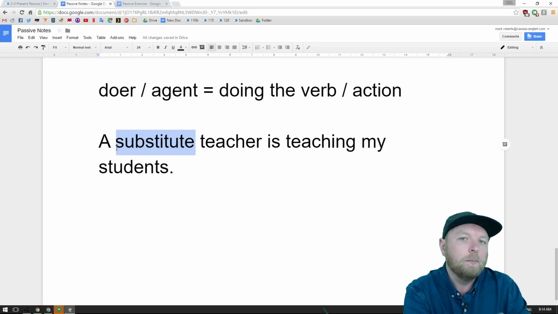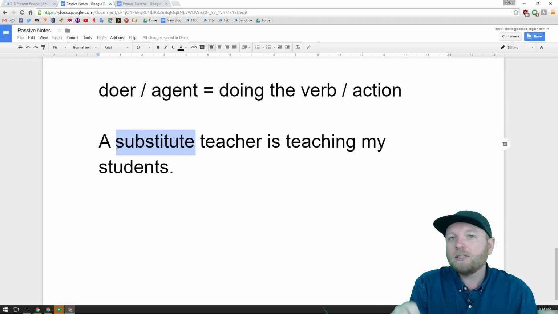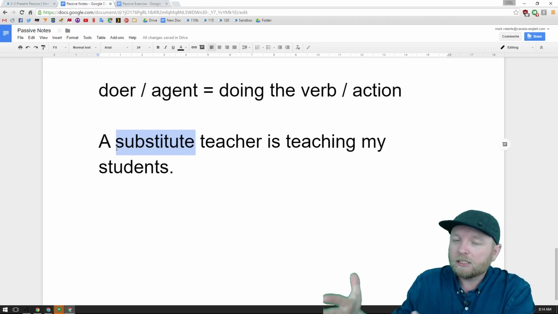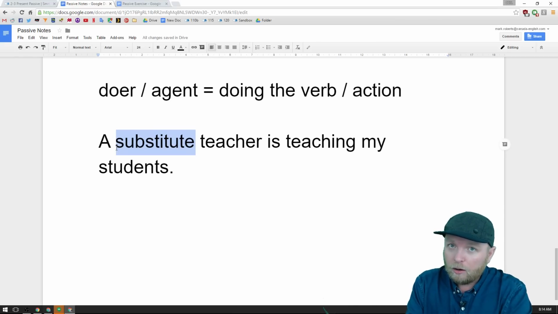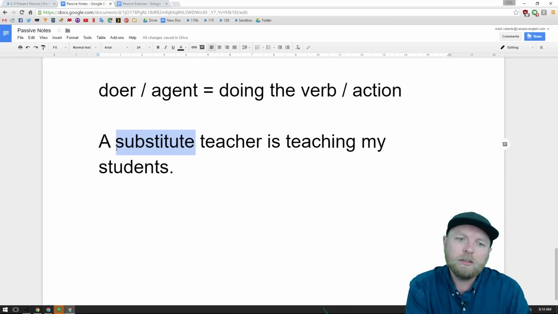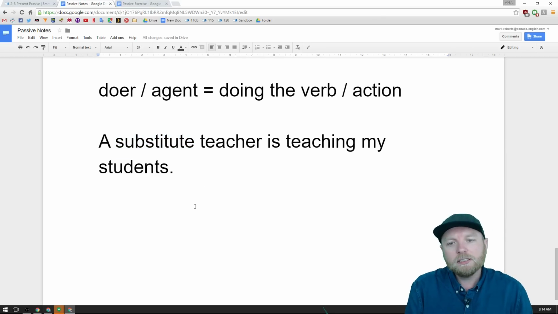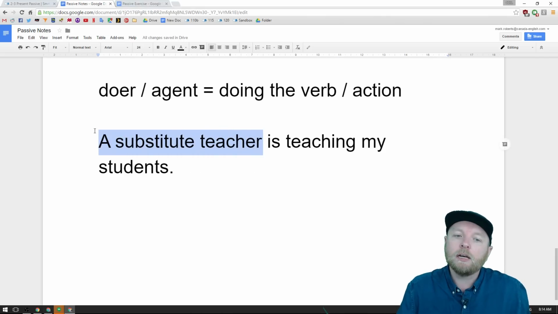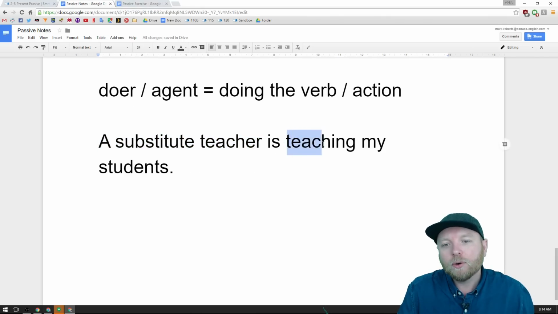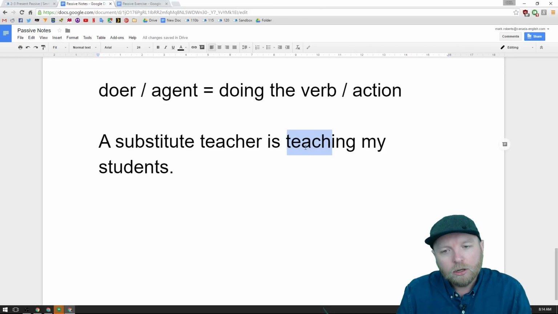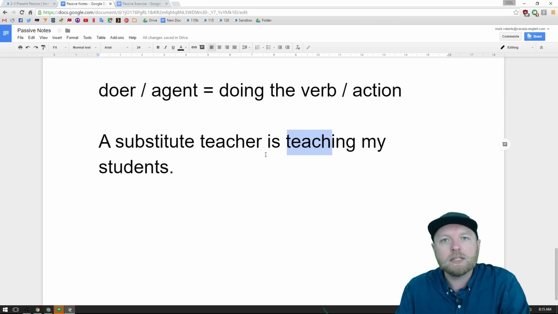That's called a substitute. So sometimes the teacher is sick, and a different teacher will come and teach the class. That's called a substitute teacher. So a substitute teacher is teaching my students. In this sentence, who is the doer? Well, the doer is substitute teacher. What is the action? Teach, right? So who is doing the action teaching? Who is the agent, the doer?